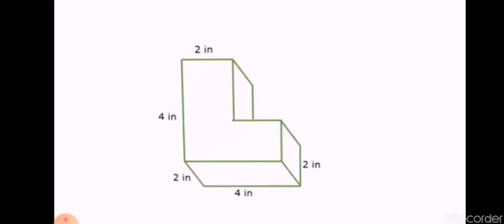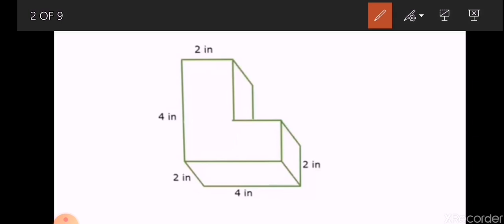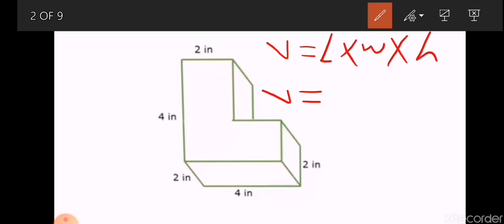Before we start today's lesson, I want to remind you of the volume formulas that we took last time. To find the volume of a rectangular prism, you have two formulas. The first one is multiplying length by width by height.